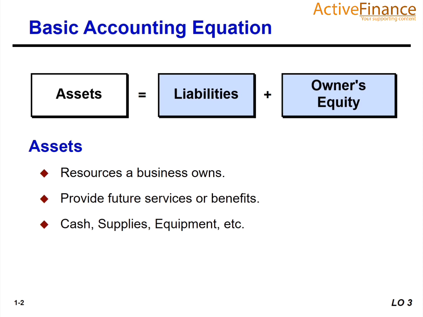Cash, supplies, equipment, etc. are all assets of the company. This was the first component of the accounting equation.